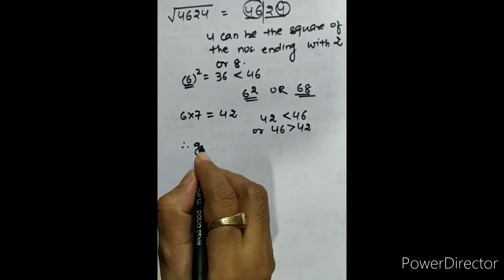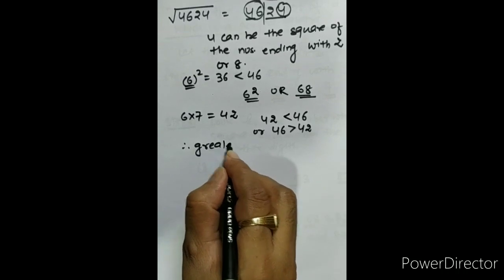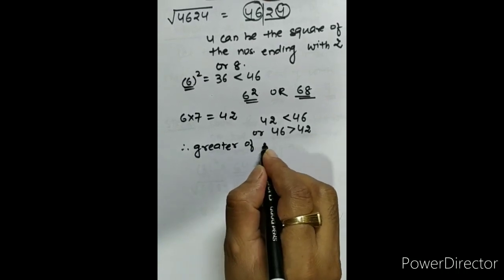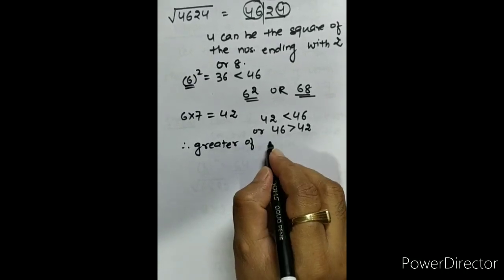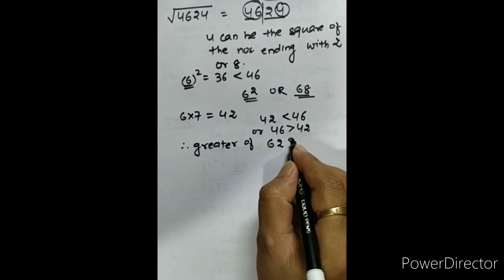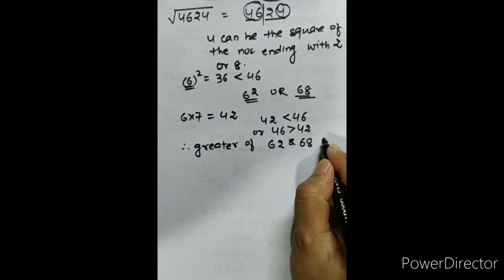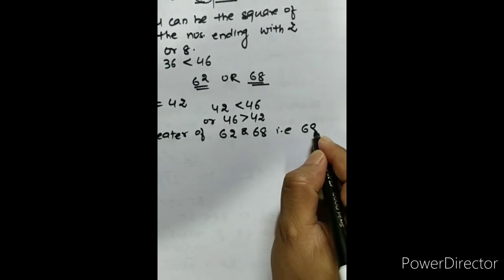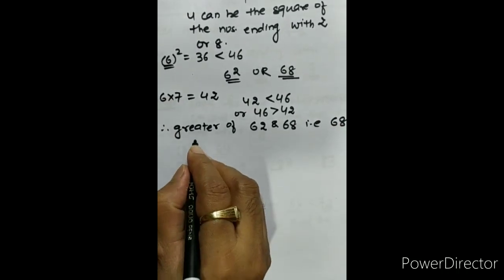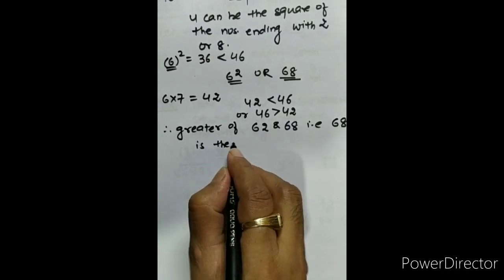Therefore, the greater of 62 and 68, that is 68, is the right answer.